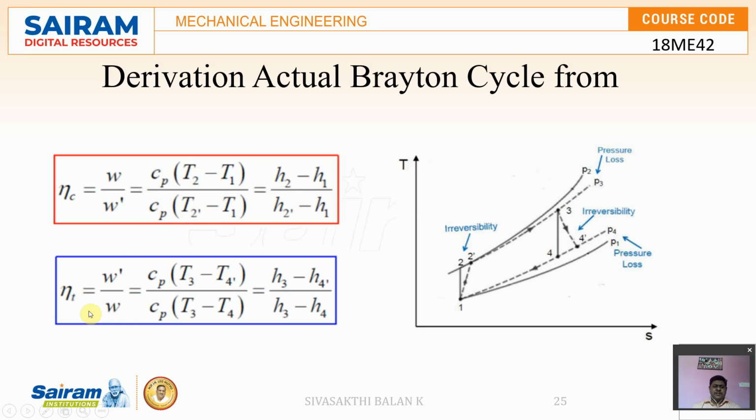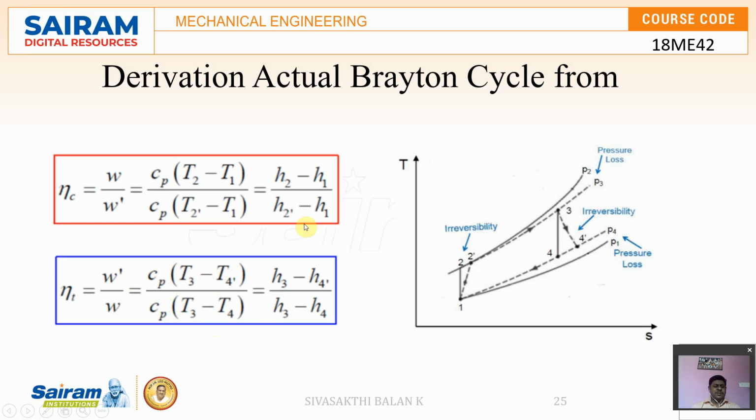And isentropic efficiency of the turbine is defined as the ratio between the actual work output at the turbine and the ideal work output at the turbine. The actual work done takes place between the process 3 and 4 dash, so we can easily find the difference between T3 and T4 dash, whereas the ideal work takes place between the process 3 and 4, so we can replace it with T3 minus T4.